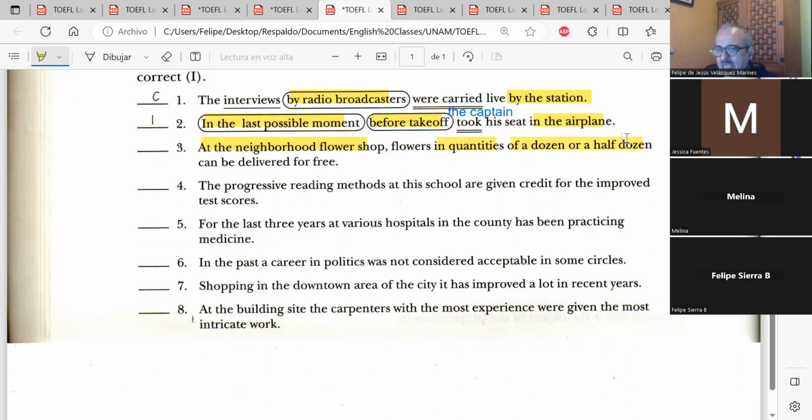Remember that when you have and or, yes, it tells you that it's the same thing, yes, for free. And then you have flowers can be delivered. That's correct. We have subject and verb minimum.